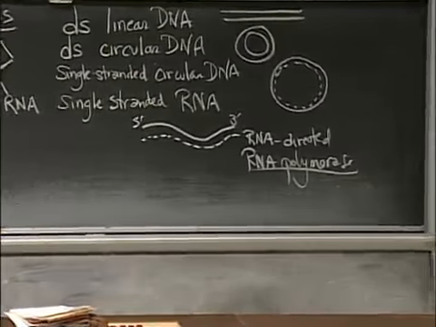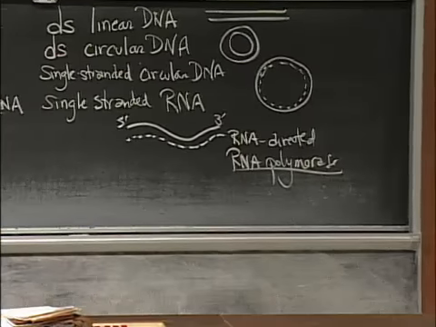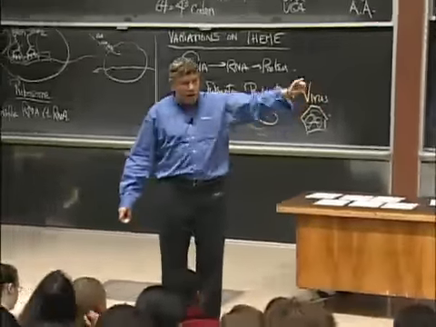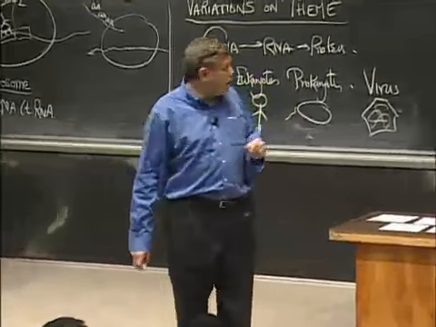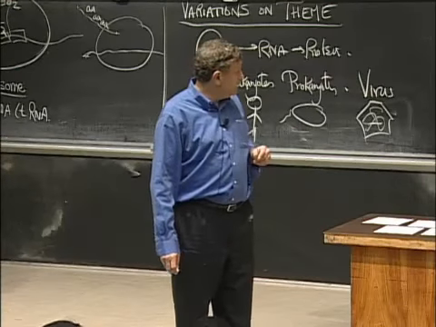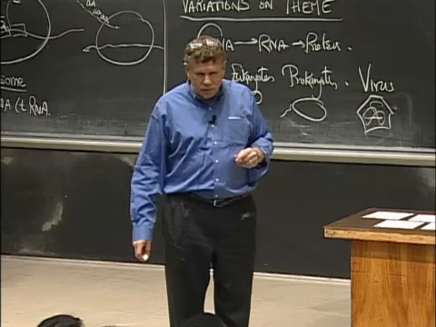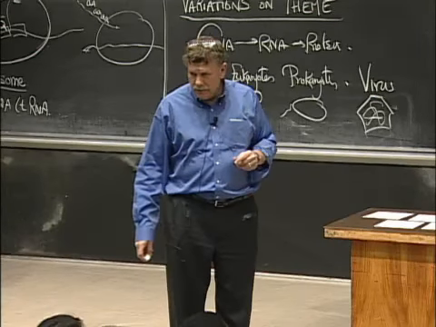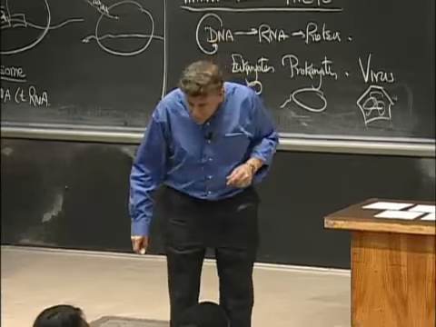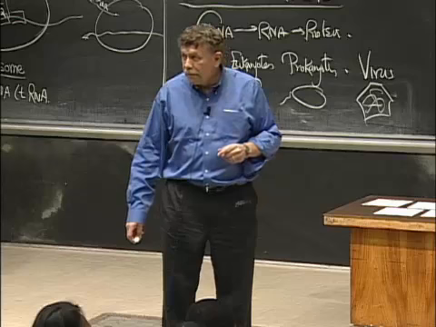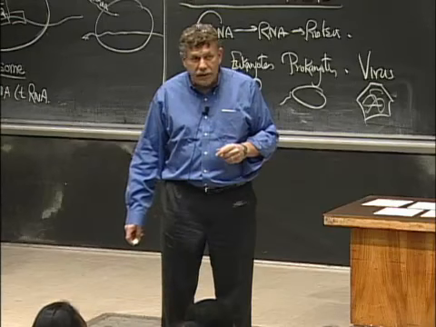It takes RNA as its template, and it makes another copy. It makes a strand of RNA to make it double-stranded. And then it goes back and makes another strand of RNA. But you don't have that enzyme. Where does that enzyme come from? The virus? Did it bring it with it? Another cell that infects?